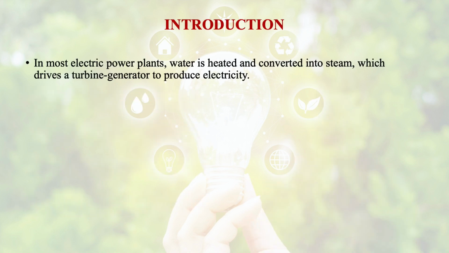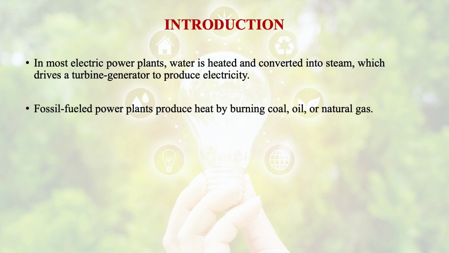In most of the electric power plants, water is heated and converted into steam. This steam is used to drive a turbine generator to produce electricity. Fossil fuel power plants produce heat by burning coal, oil or natural gas, and then this heat is further used to convert water into steam.